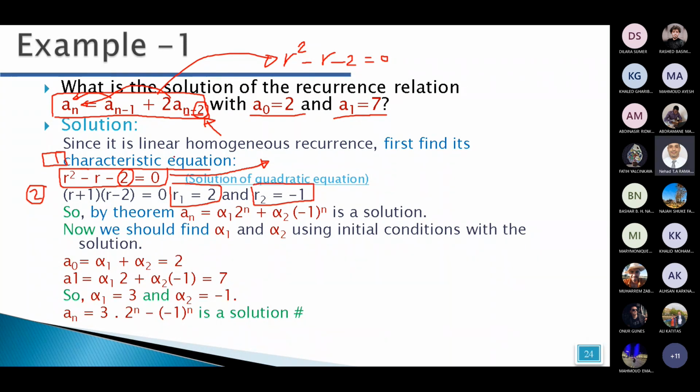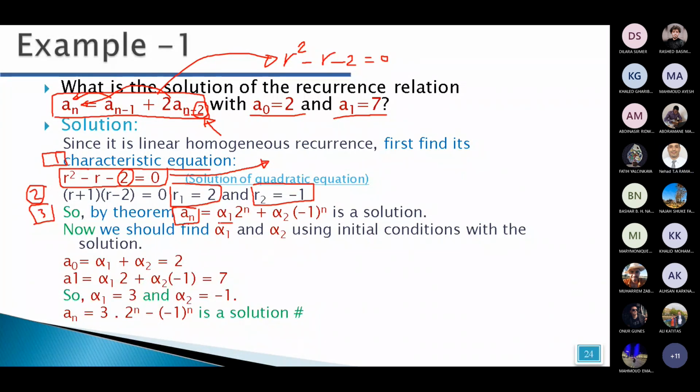So the first step is to find the characteristic equation. The second step is to find the solution of the characteristic equation, like any equation in mathematics. The third step, depending on the theorem, is to write the solution a_n for the characteristic equation.